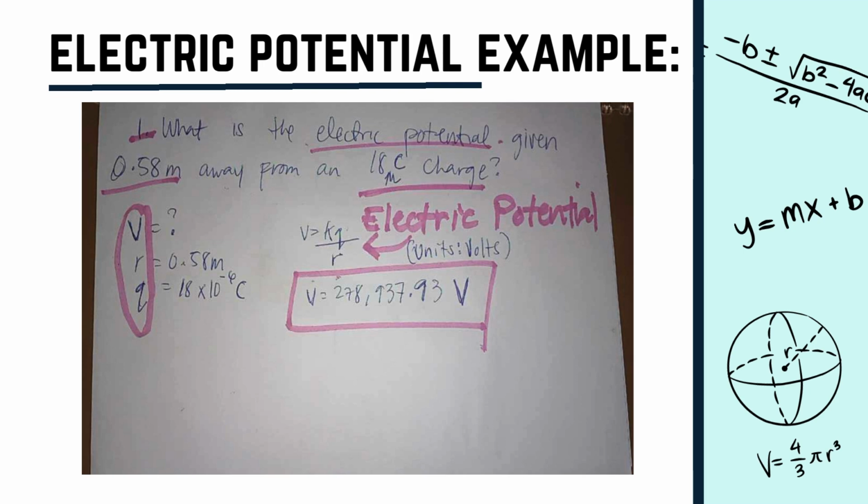Yan yung Q. And over r is 0.58 meters. So, pag pinag-times natin yan lahat over r, we will have the volts of 278,793 volts. Ayan yung makukuha natin na answer.